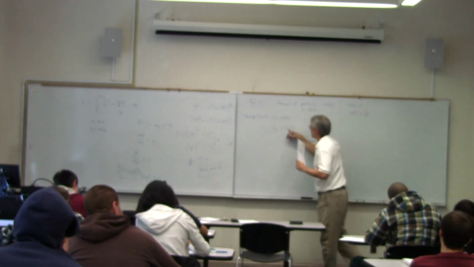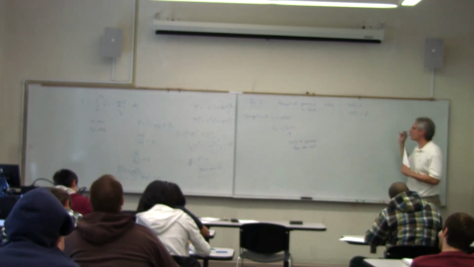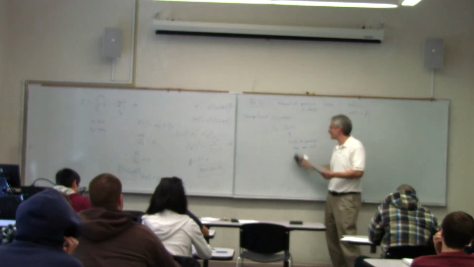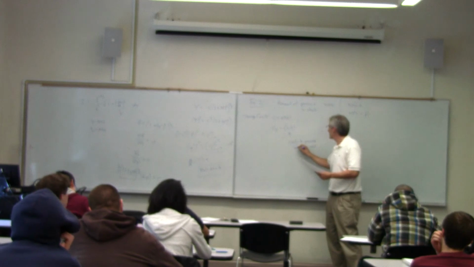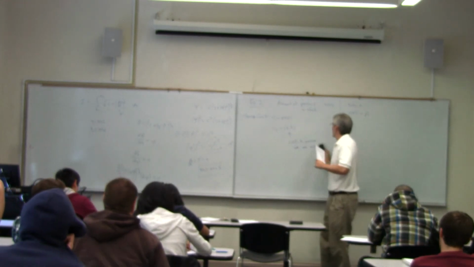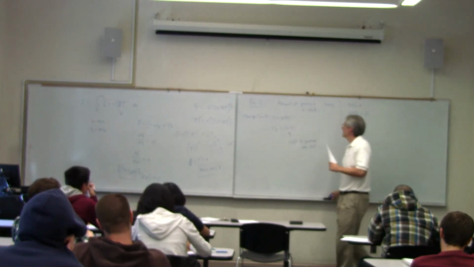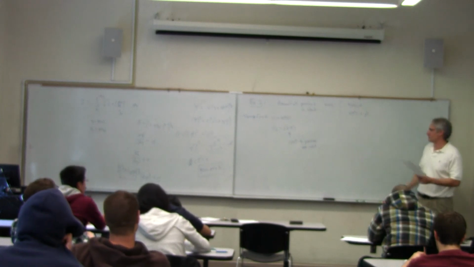So the cost per unit is going to, let me see if I get this right. I'm not a business guy, so I have to get this right. The cost to produce 1 unit is going to vary with the rate at which you produce.